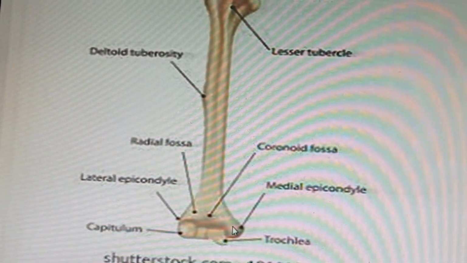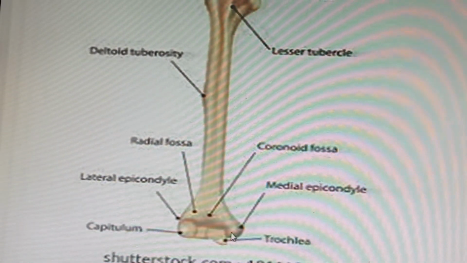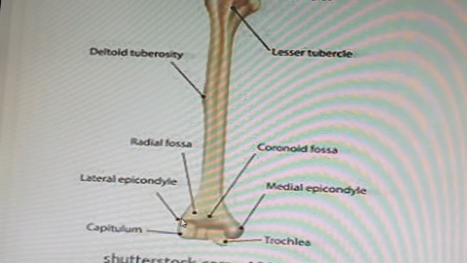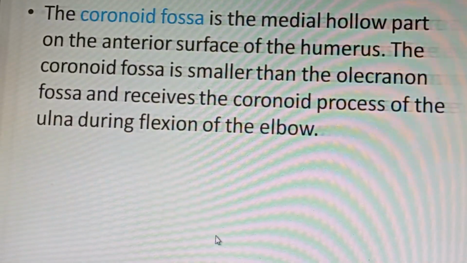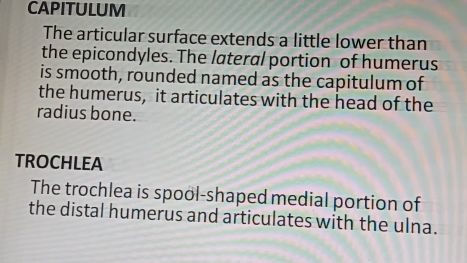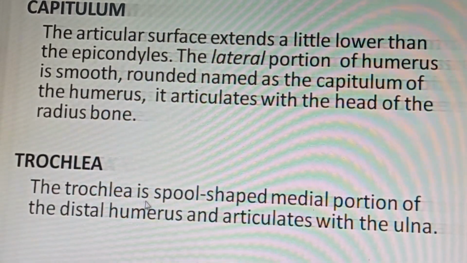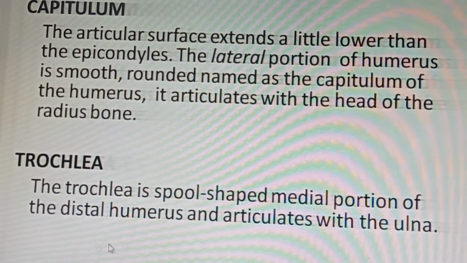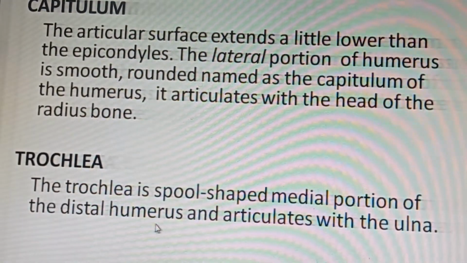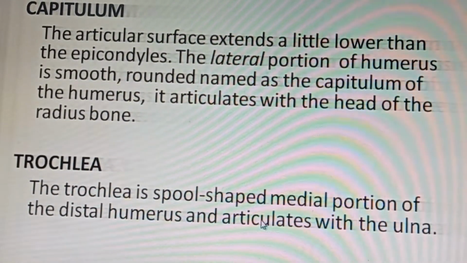Above there are two epicondyles. This larger eminence is the medial epicondyle and the small eminence is the lateral epicondyle. The trochlea is spoon shaped. It is the spoon-shaped medial portion of the distal humerus and articulates with the ulna.